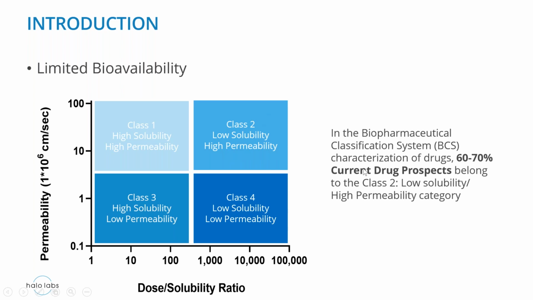It's calculated that 60 to 70% of the current drug prospects in the market will also belong to the same class 2 low solubility class of drugs. And this is where formulation is going to take place, and is going to be a very important part of the strategy to bring these drugs into the market.